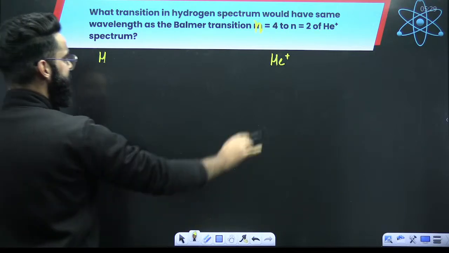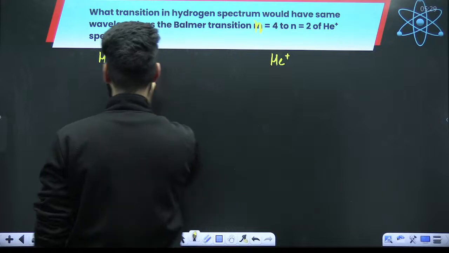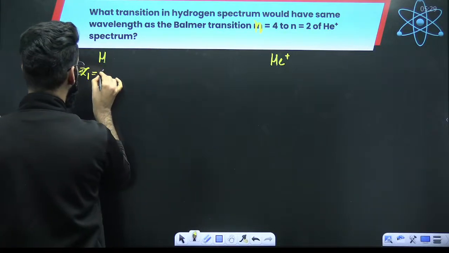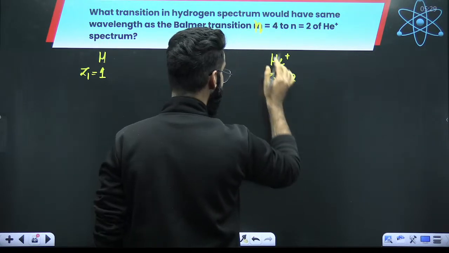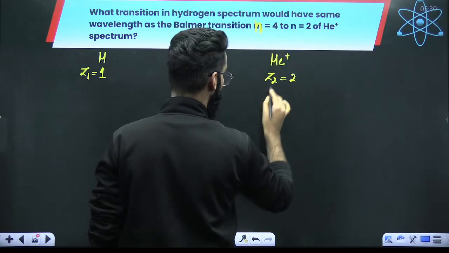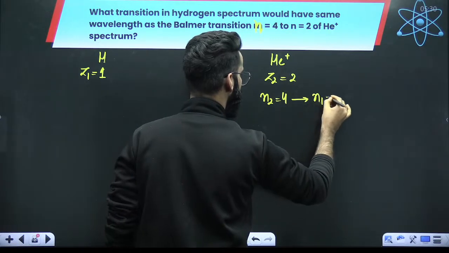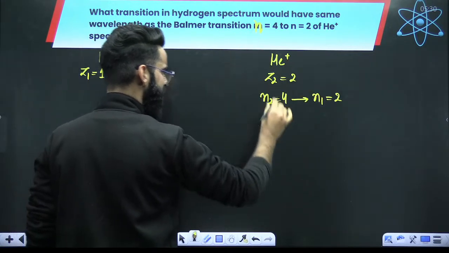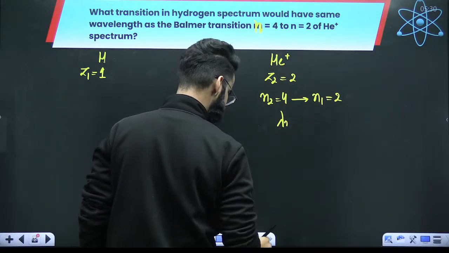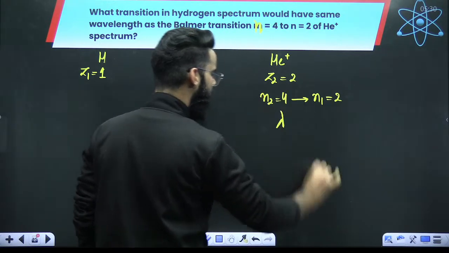Perfect. In case of He positive, you know the atomic number. First of all, hydrogen atomic number is 1, right? And helium atomic number, you already know, that's 2. In case of helium, the electron makes a transition from 4 to 2. When the electron makes a transition from 4 to 2, it's going to emit some wavelength, which I call lambda over here.